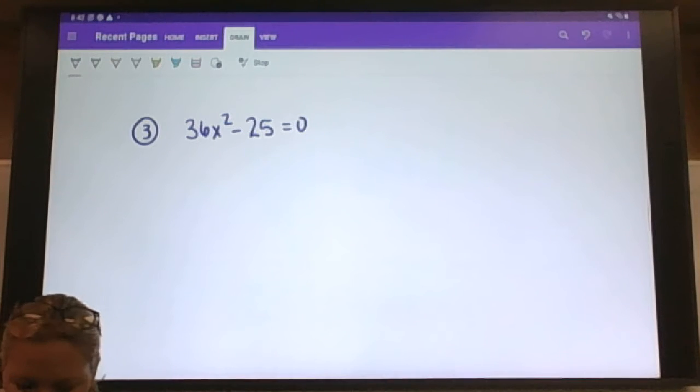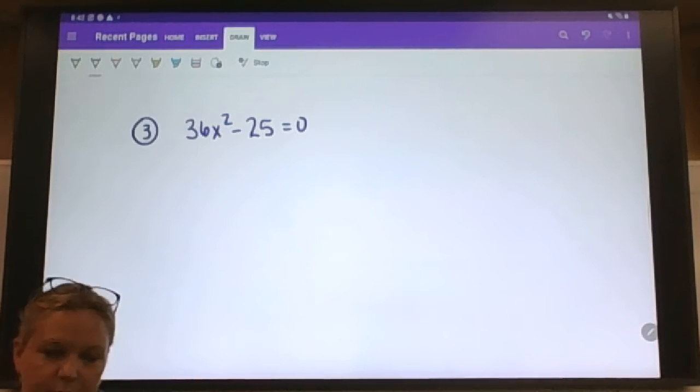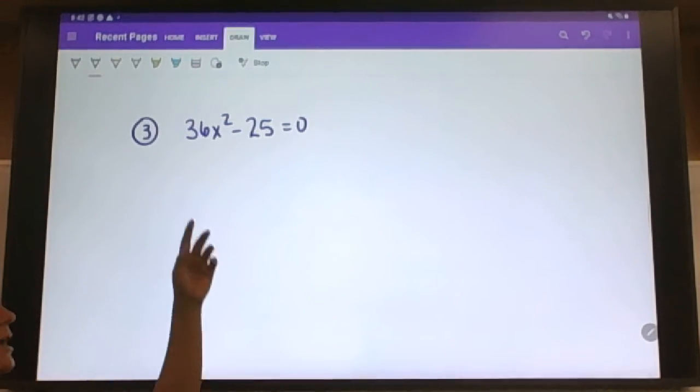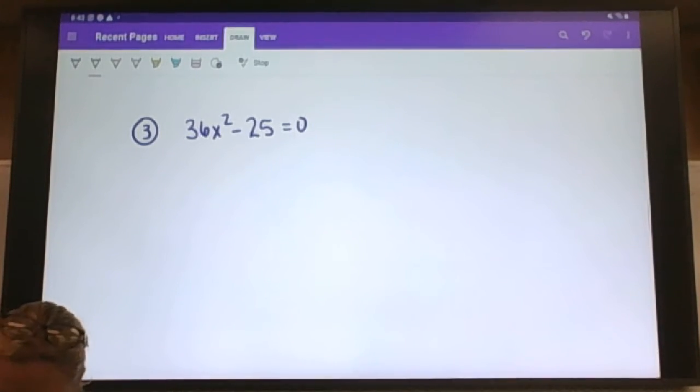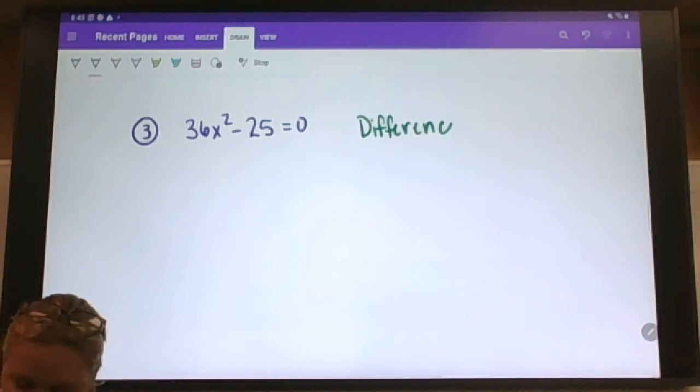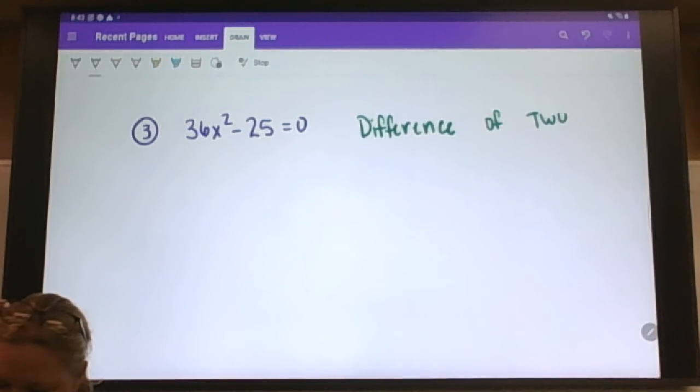All right, so this one, we don't call it a perfect square trinomial. It's not a trinomial. There's only 2 terms. This is called a binomial. The name for this is generally called the difference, because it's subtraction, of 2 perfect squares.